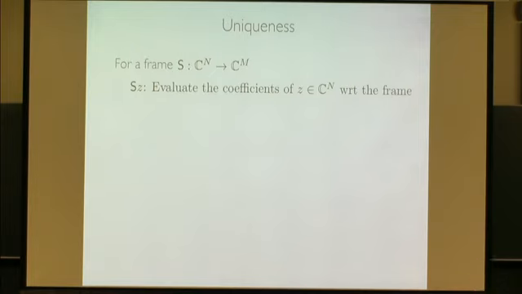So if you remember before, I showed you that for a frame, I will write a matrix S. This is S, which is a frame. It tells you that this map evaluates the coefficient of a vector in C^n associated with the frame. So Sz is the coefficient of z related to the frame.